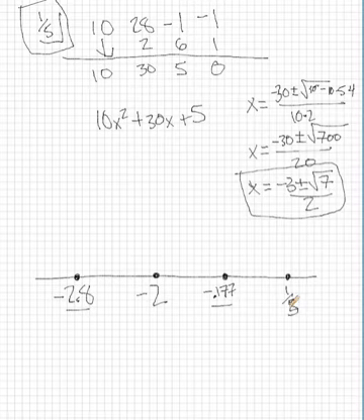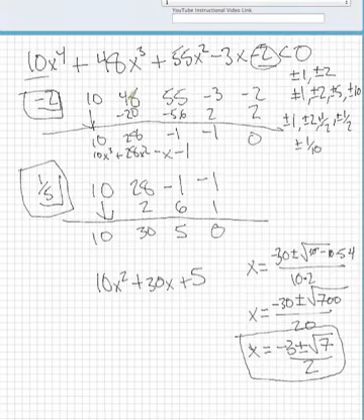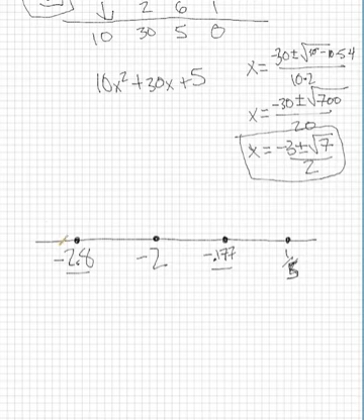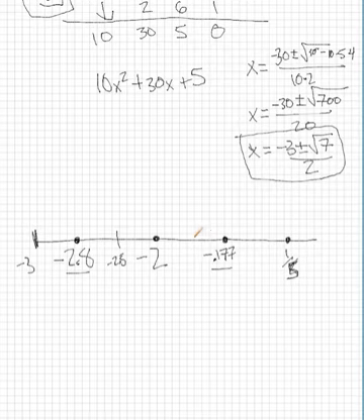So now what we want to do is pick numbers that, if we plug those into our original equation in our calculator, we'll see if it's a plus or a minus. So here you can just plug in -3. Here you can plug in -2.5. Here you can plug in -1. Here you can plug in 0. And here you can plug in 1.